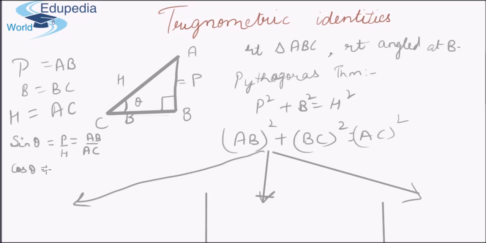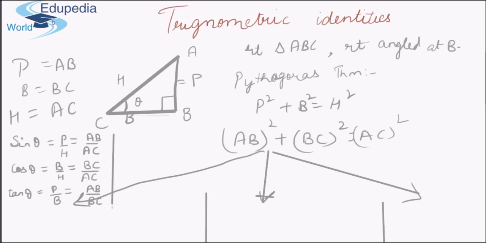Cos theta is base over hypotenuse, that is BC over AC, and tangent or tan of theta is perpendicular over base, that is AB over BC.